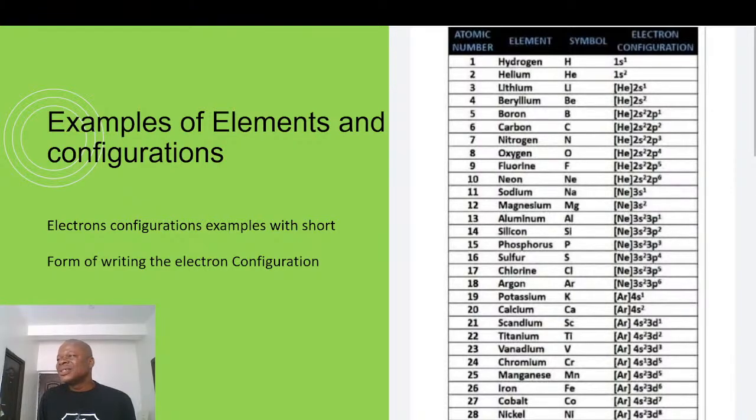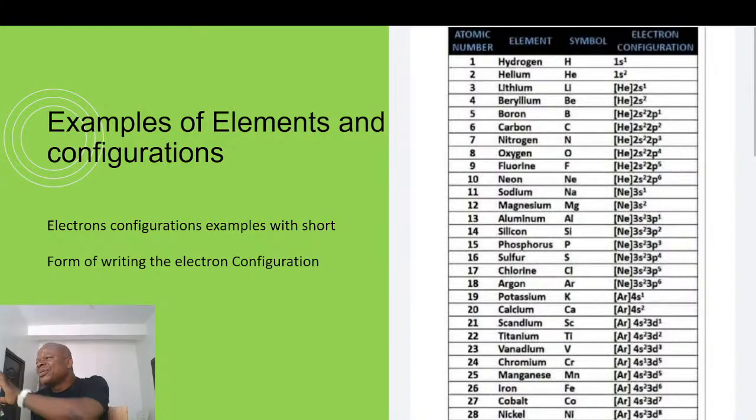Then if you take a look at the next one, that is carbon, with symbol C and atomic number 6. We also arrange it this way. You have He as the helium symbol, plus 2s2, plus 2p2.